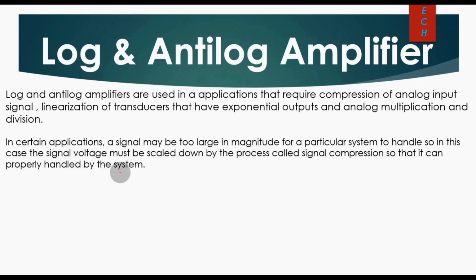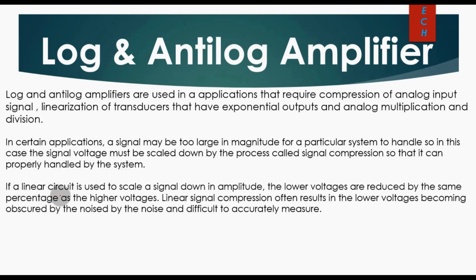Let us say you have some analog signals which have a higher magnitude, but your receiving system cannot handle that much magnitude, so it must be scaled down, and the process for scaling the signal is called compression. Once the signal is compressed, it will be properly handled by the receiving system, right?